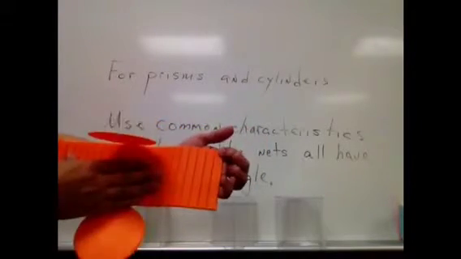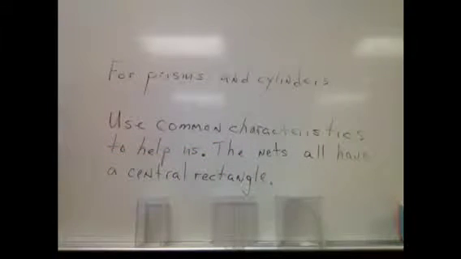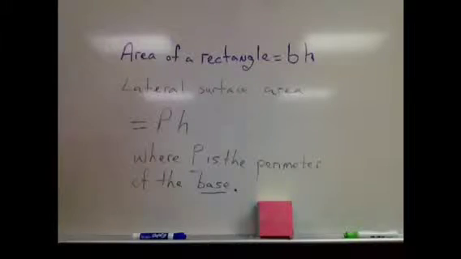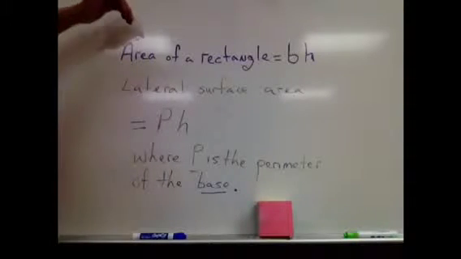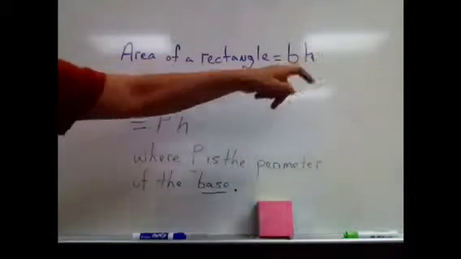I'm not going to do that with the cylinder right now; I'll do that later. I'm going to use the simplest one, the net of a rectangular prism. To find the area of a rectangle, we multiply the base times the height.